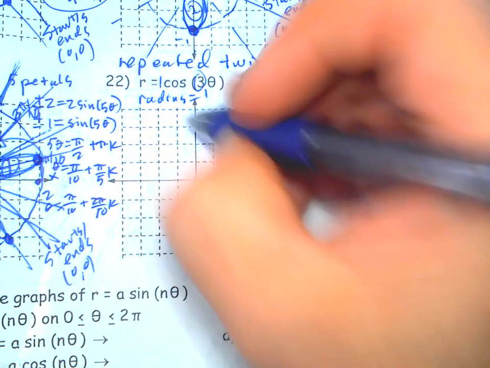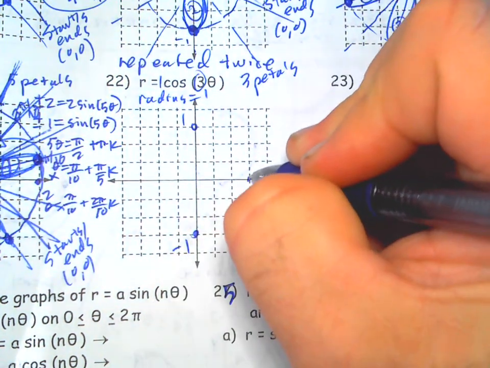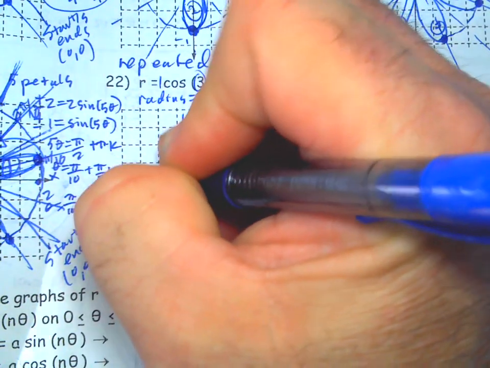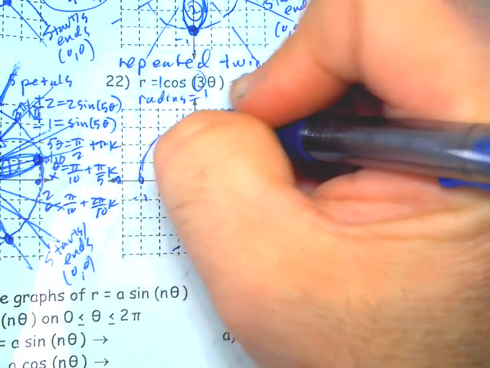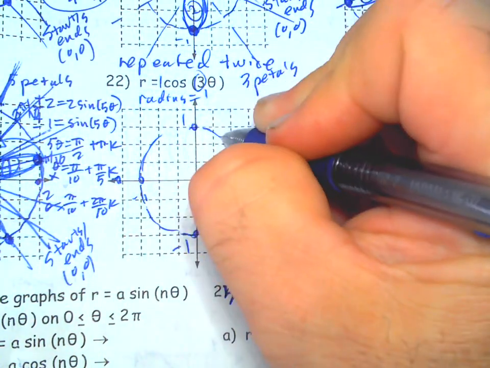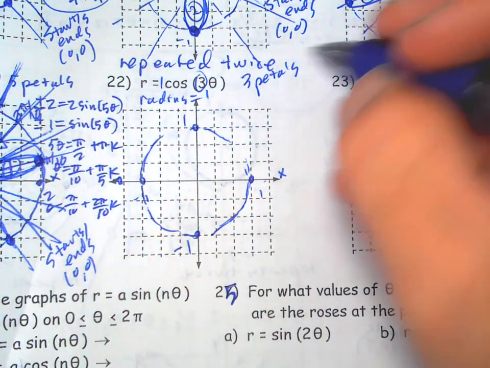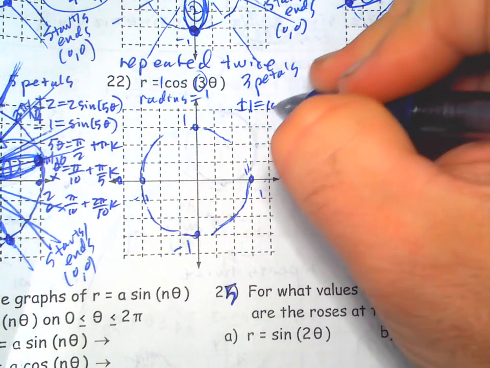Okay, so first step is to sketch a rough, quick, light circle that fits, light dashed. Then we say, all right, plus or minus 1 equals cosine 3 theta.